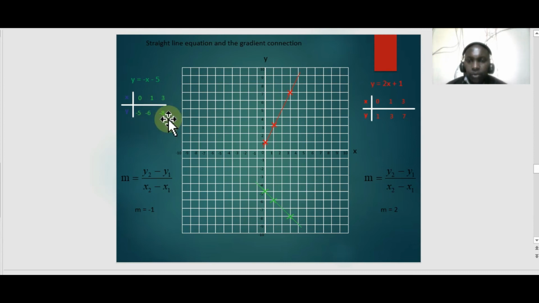So for the change in y, you'll get negative 8 minus negative 6, which is negative 8 plus 6, which gives us negative 2. That is for the vertical distance. Then for the horizontal distance, you get 3 minus 1, which is 2. When you do that division, you get negative 1. You do the same to this one and you get the answer as 2.